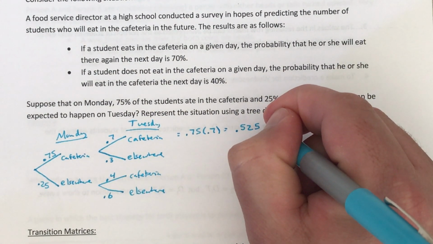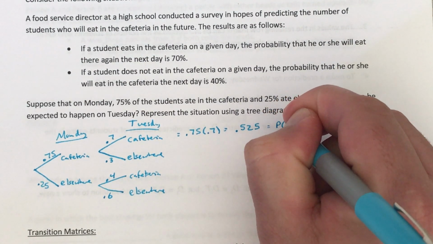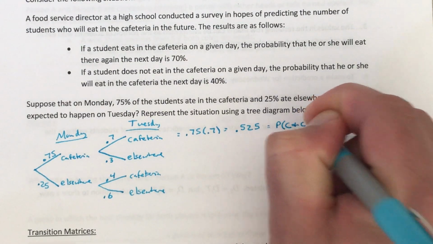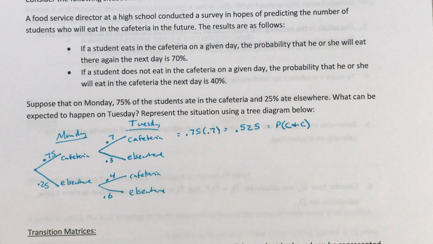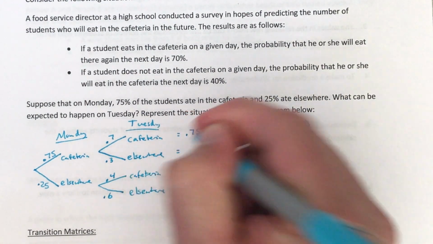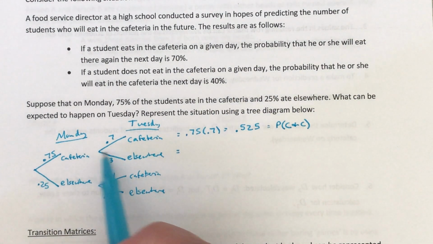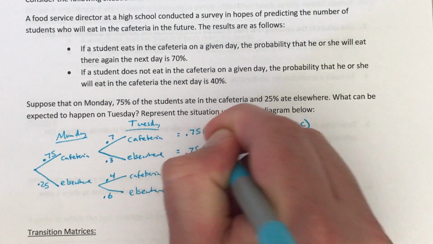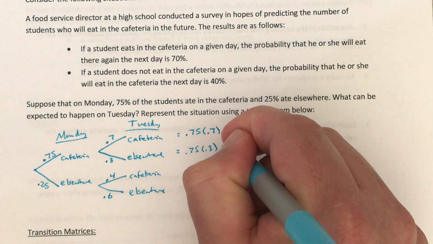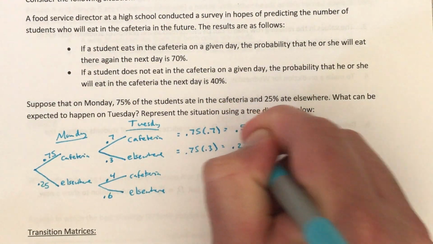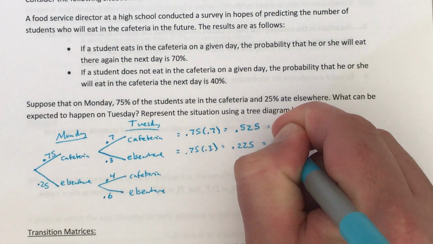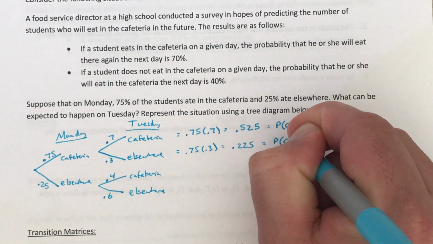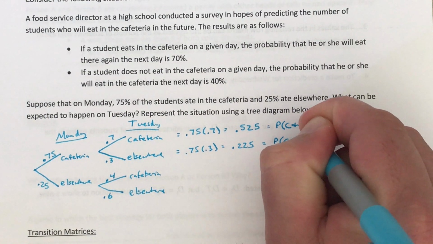And that, remember, is the probability of cafeteria and cafeteria, so both days. The next branch, I have to do 0.75 times 0.3, which gives me 0.225. And again, that was the probability of eating in the cafeteria and then eating elsewhere the next day.